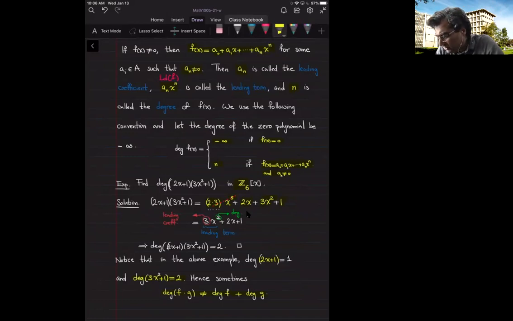Okay, but let's try to understand why it failed. The key point is that here 2 times 3, which was supposed to be our new leading coefficient, is actually 0. So all of a sudden we are losing our expected leading coefficient.